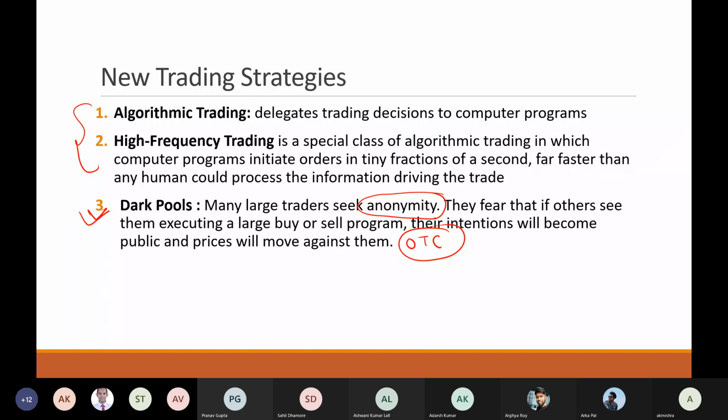Whereas if you want to go for a large buy or sell, you would prefer to use a parallel market, which is basically an anonymous market where you can hide your identity and trade. There has been various criticism of dark pool markets, whether they should exist or not, because ultimately they impact normal trading activity.